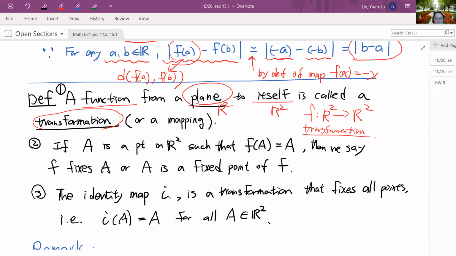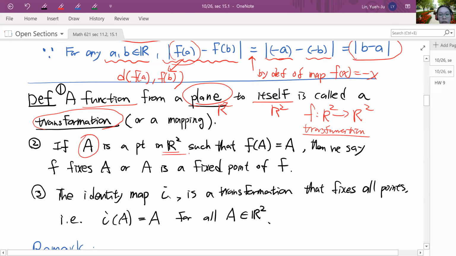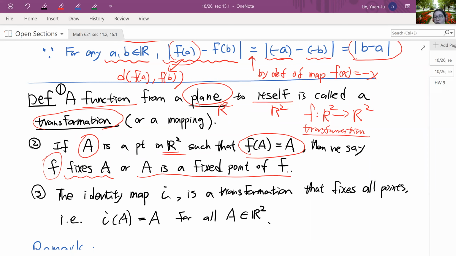Before we define isometry, I want to point out some terminology that you're going to see from now on throughout chapter 15. If A is a point in R2, in the plane, such that f of A equals A, then we say this transformation f fixes the point A. Or more commonly, people say A is a fixed point of f.